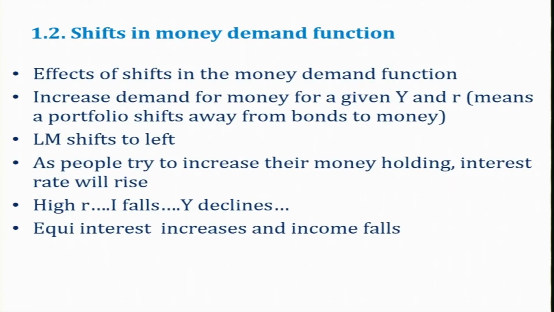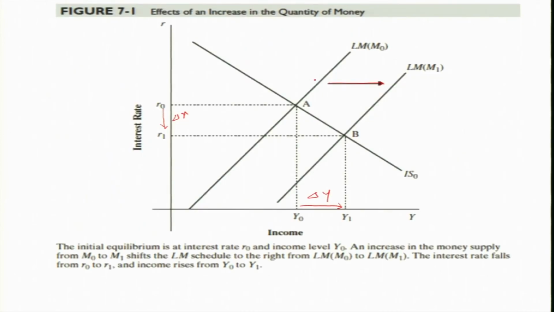Similarly, consider shifts in the demand function: what if there is more demand for money? Here, more demand for money means that, other things remaining constant, people due to uncertainty are demanding more money. Then the LM curve will shift leftwards, when there is an increase in liquidity preference.